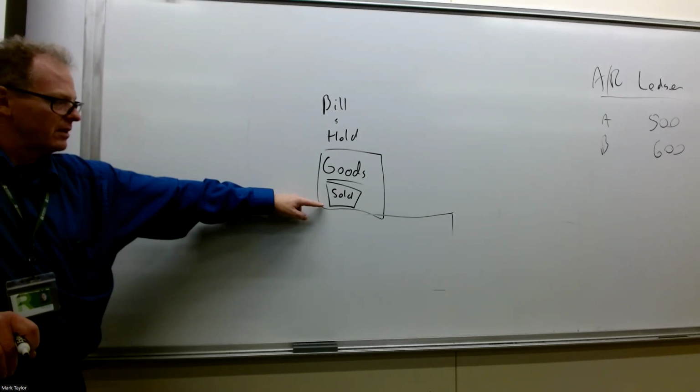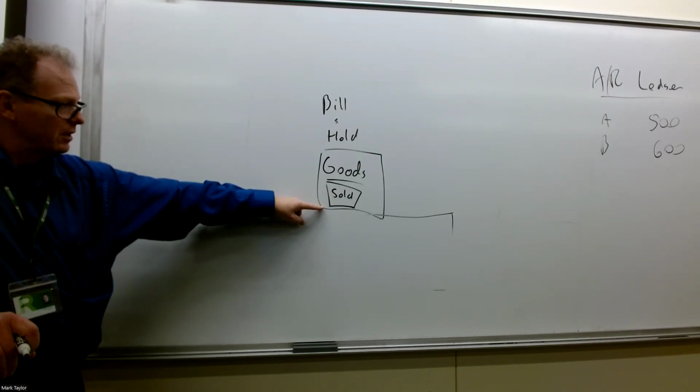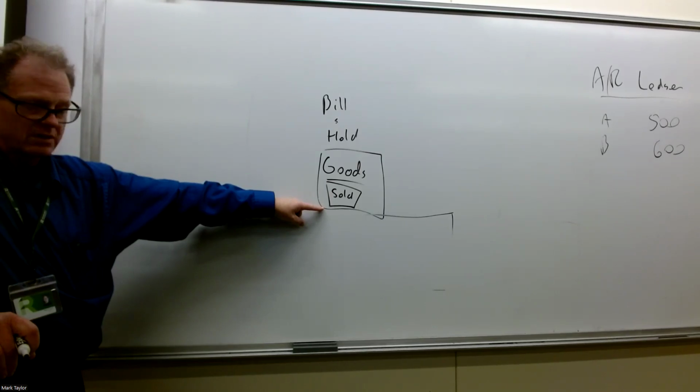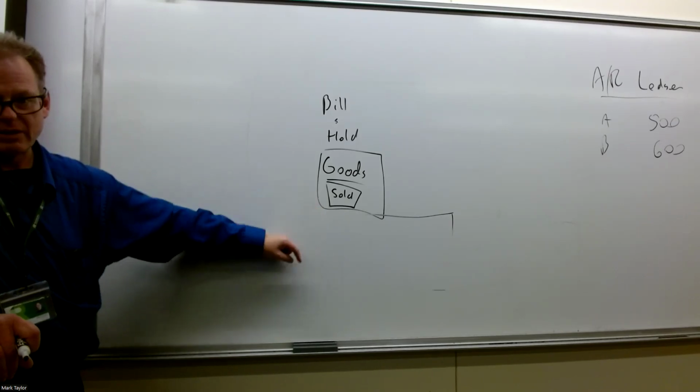The criteria for it is that these must be able to be billed, and that the bill and hold is at the request of the customer, but there also has to be proof that they are going to take it unconditionally. And if there is not the unconditional proof that they are going to take it, it's not allowed.